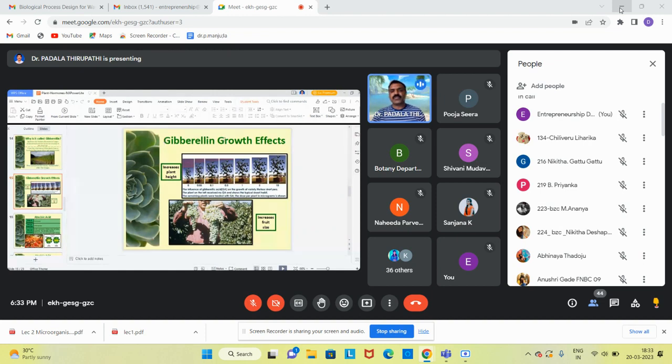Parthenocarpic fruits means seedless. The seedless fruits we observe in the market we can call parthenocarpic fruits, and they are due to the impact of gibberellins.